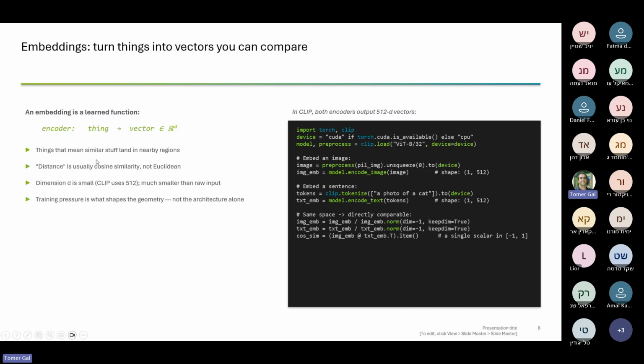Usually distance is cosine similarity, and dimension, of course, changes, but CLIP uses 512. And of course, 512 is smaller than the raw input, because if you look at an image and an image is high definition, so high definition is like 2 million pixels, right? It's 1920 by 1080 by number of channels, which is usually 3, sometimes 4.